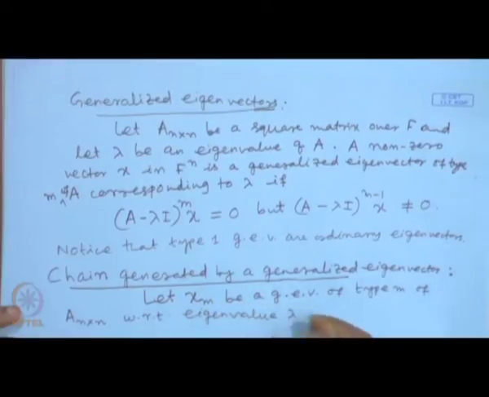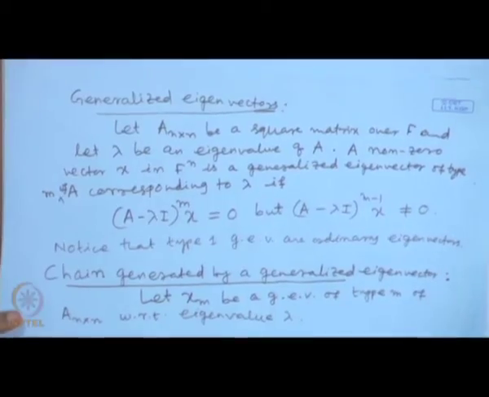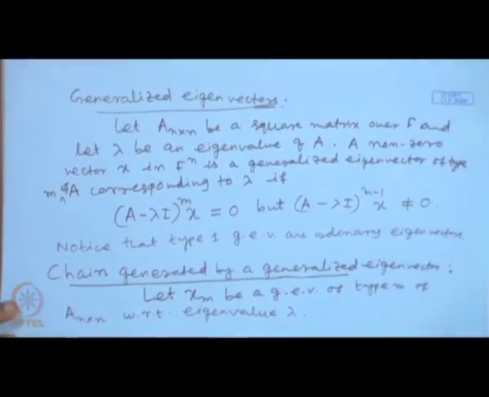Then we get a chain that is generated by this generalized eigenvector x_m.